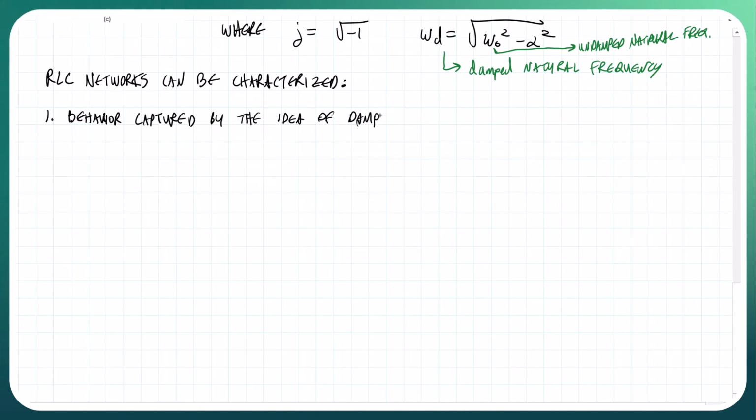And that's essentially the relationship between alpha and omega naught. The oscillatory response is going to be possibly due to the presence of the two types of energy storage elements.